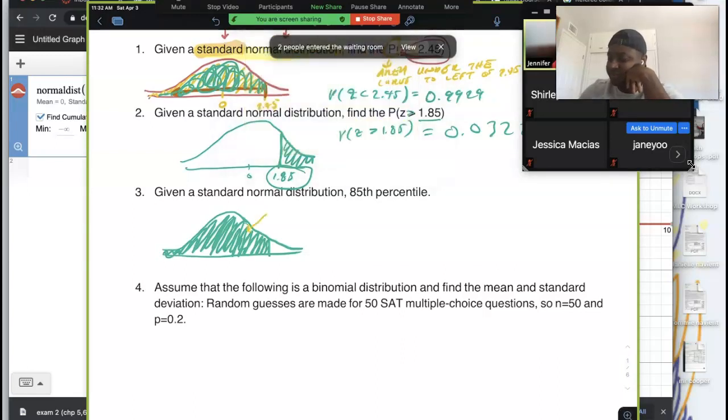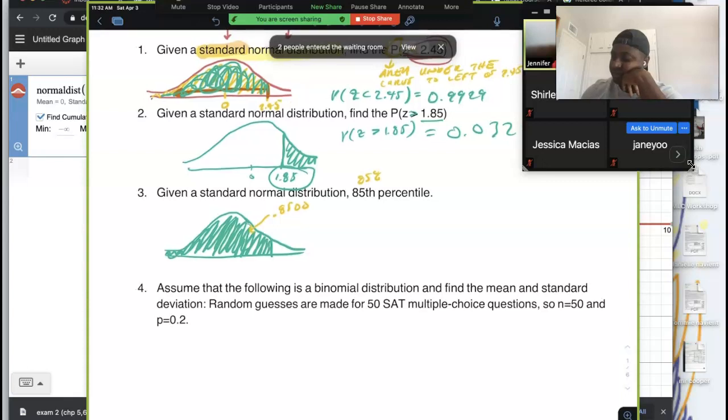All right, so in this case, the area there, we're going to convert it into a decimal. So instead of being 85%, it's going to be 0.85. And we'll say 0.8500, we're just adding 2 zeros on, so it is uniform with the actual table. And then we want to find z of 0.8500.